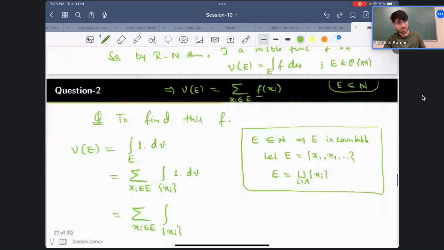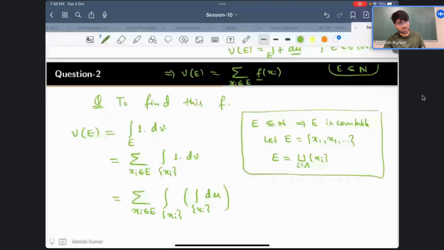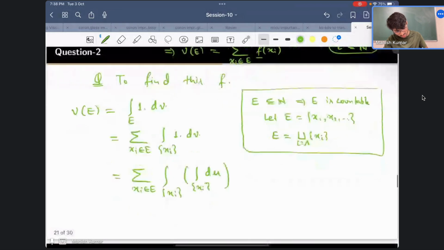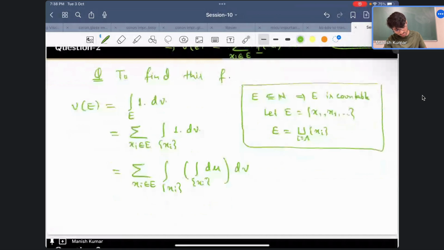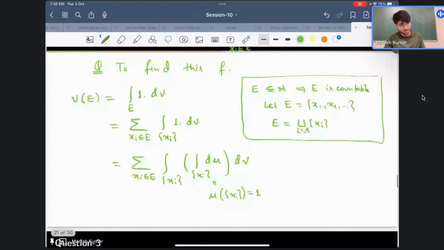Why? Because mu is the counting measure, so the integration would be mu of singleton xi, and mu of singleton xi is 1, since it contains just one element, and d nu. Now using the Fubini theorem you can interchange the mu and nu.